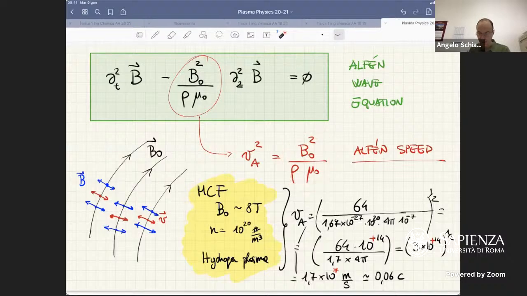This tension is very, very high, and what you see is that the speed of this wave is a significant fraction of the speed of light. It's not relativistic, but it's much, much faster than many other phenomena occurring at the fluid level.